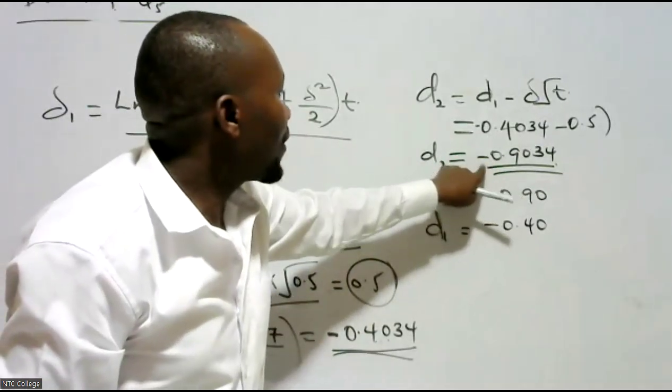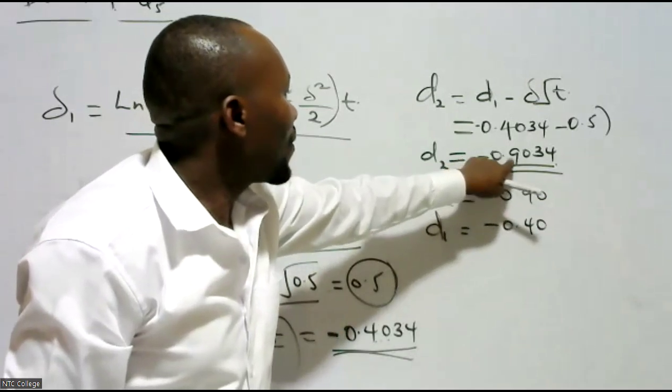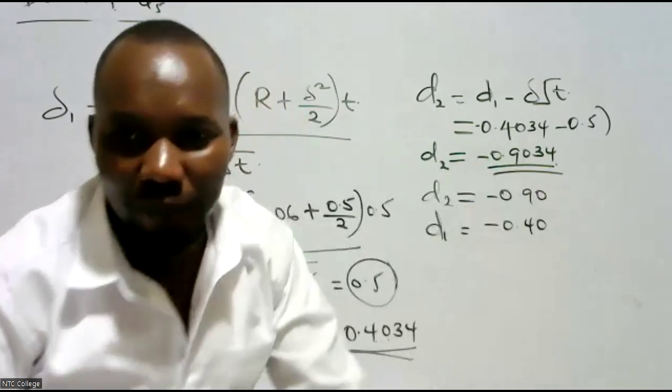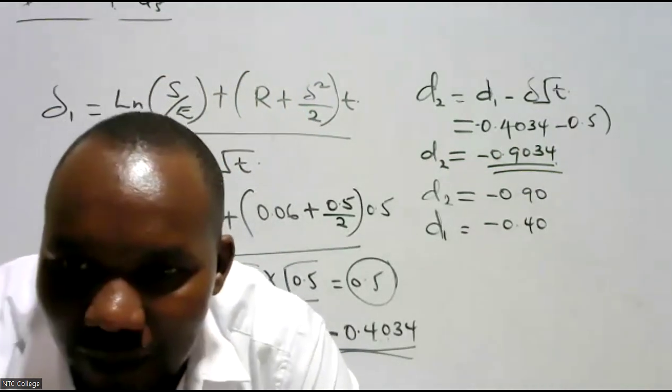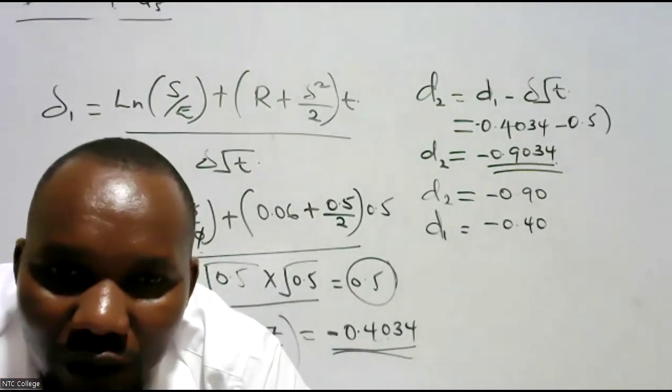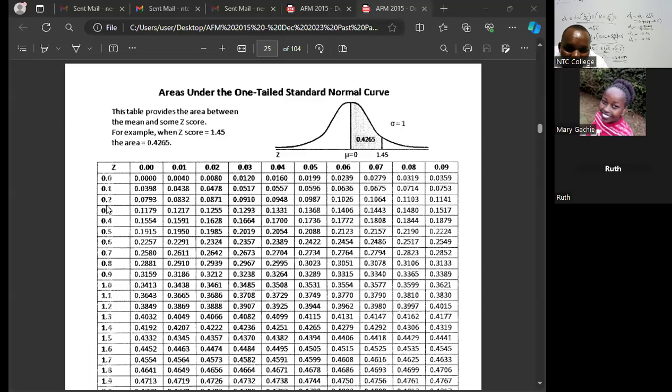So it starts with 0, ignore the negative sign. Start 0.9. Let us zoom. So you come here, 0.9. We have this one, 0.9, up to here, 0.9. So then now you move along like that. So that one we have 0.90. After 9, number gani iko hapo?